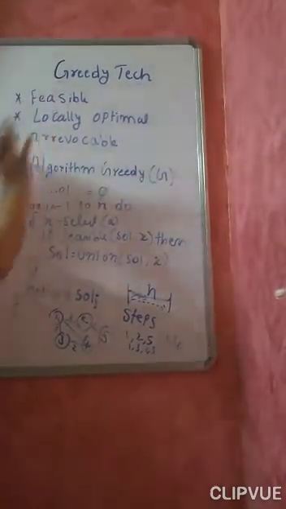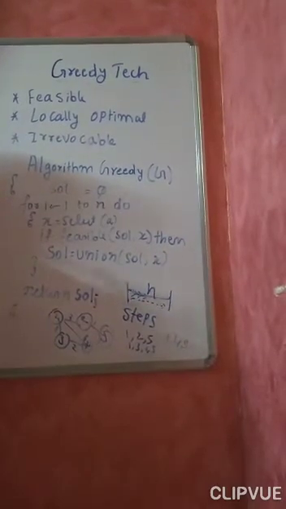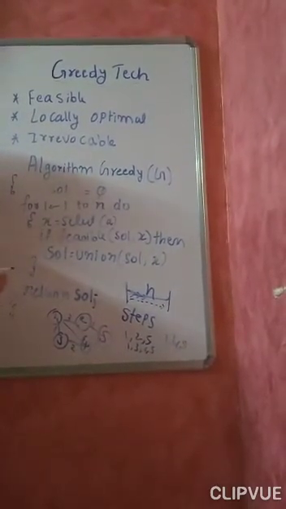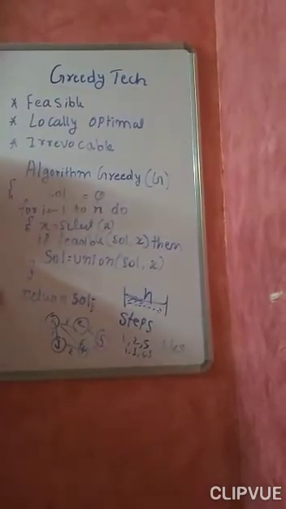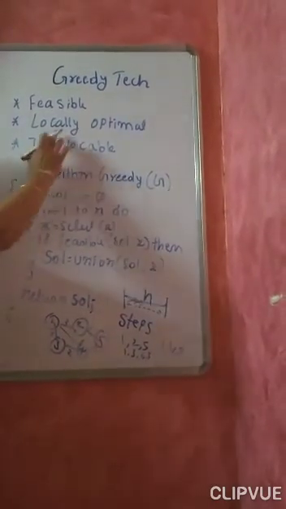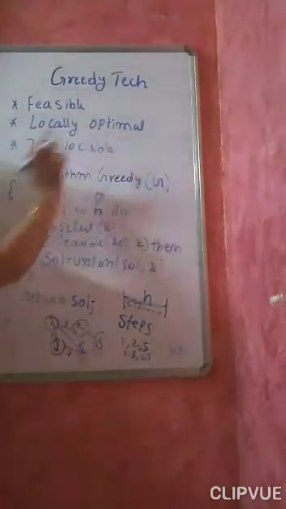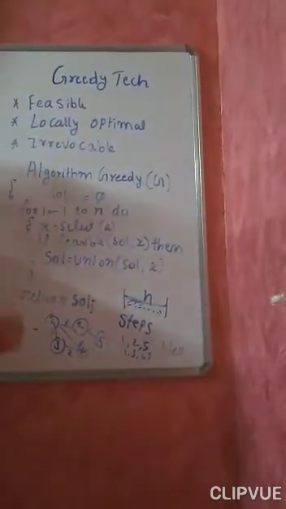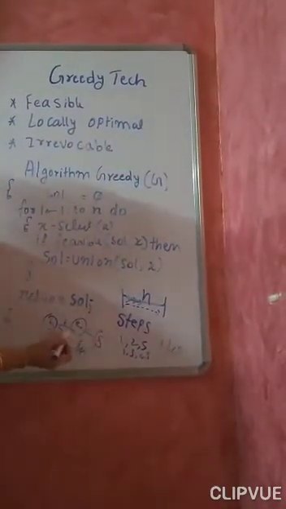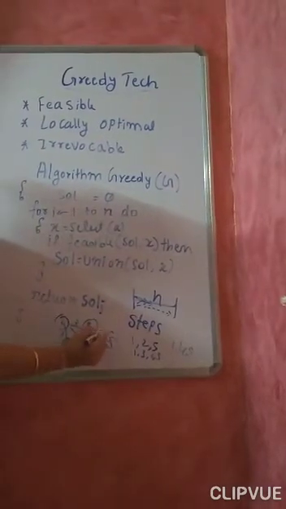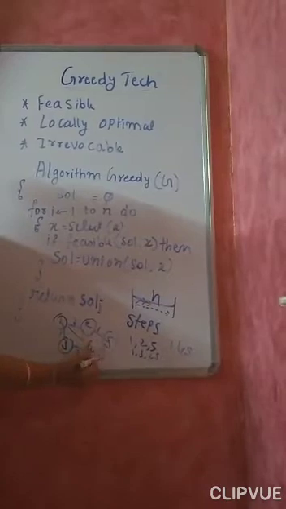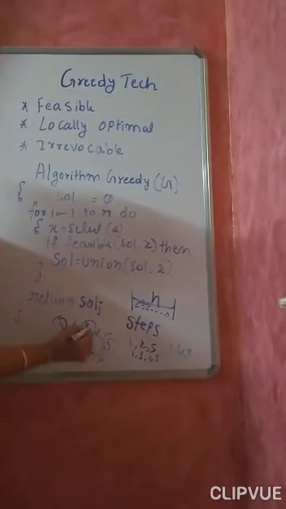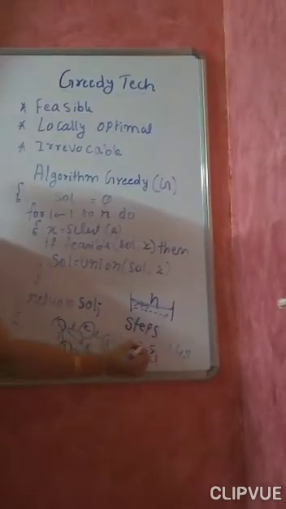But the greedy technique will not just try to find a feasible solution, it always tries to find the optimal solution. Now let's see what an optimal solution is. Among these, how many kilometers does each path travel? From 1 to 5, it is 4.